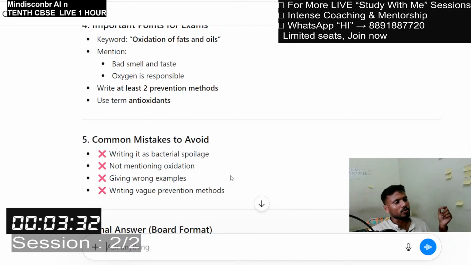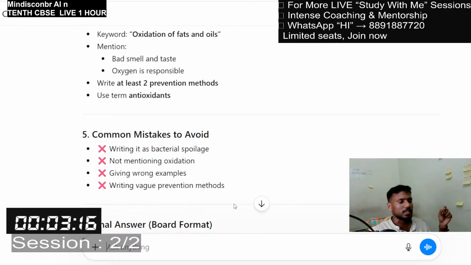Common mistakes to avoid: writing it as bacterial spoilage, not mentioning oxidation, giving wrong examples, writing vague prevention methods.